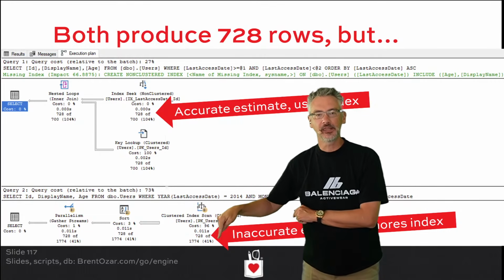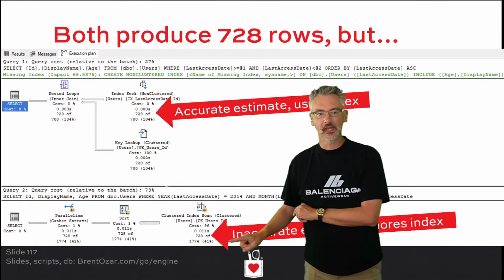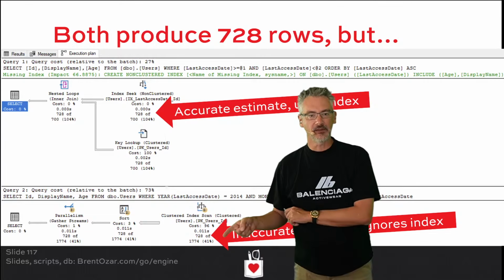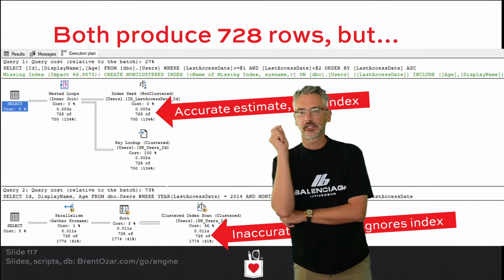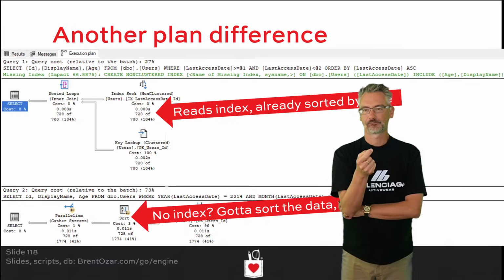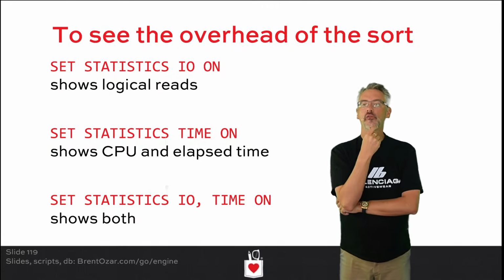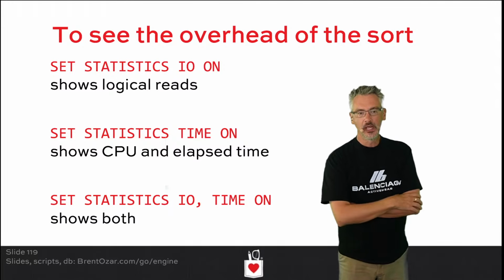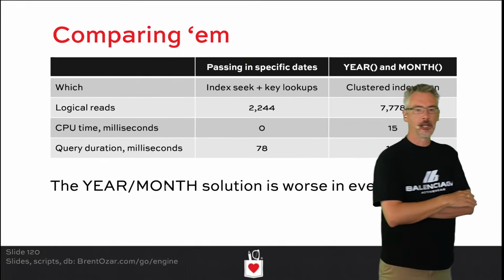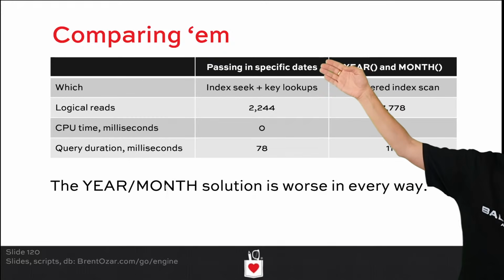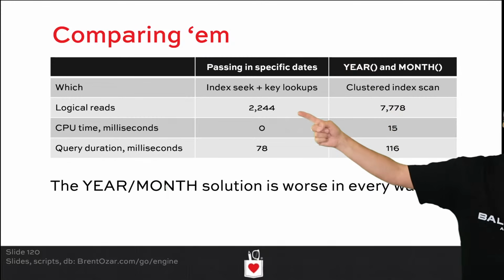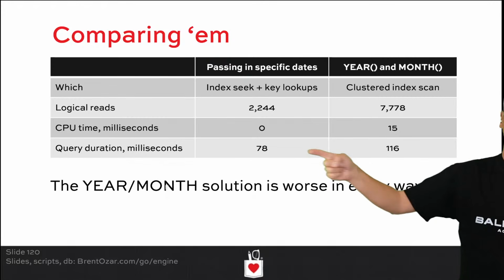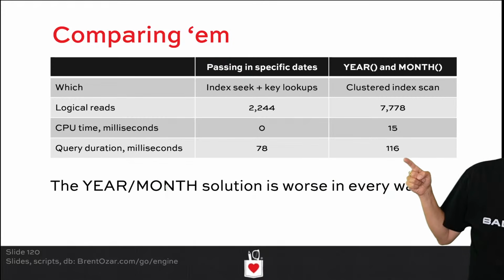But because in this one, it estimated a higher number of rows, SQL Server believed that it would be more efficient to scan the table. To see the overhead of that extra sort, we can turn on things like set statistics IO and time on. When we passed in specific dates, our query read less data and took less CPU time and took less time on the clock.